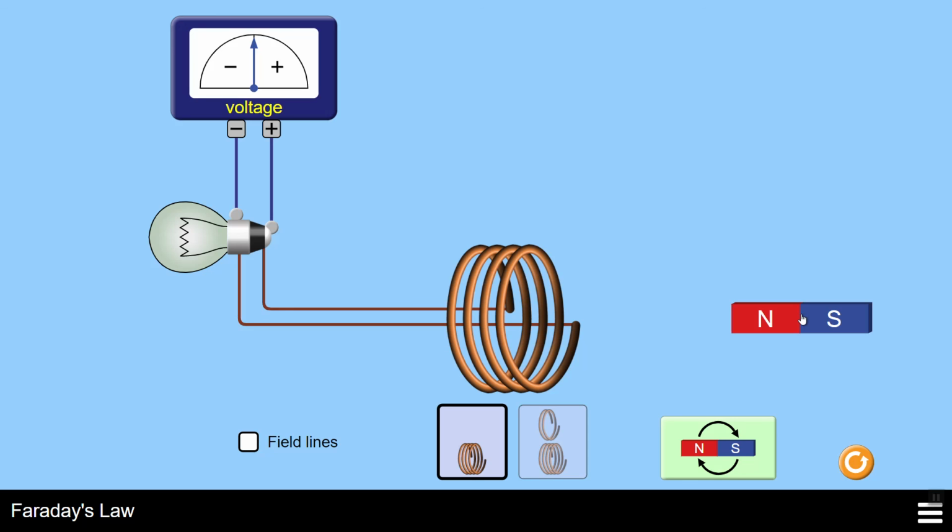The voltage meter is our gauge of the simulation, because without any gauge or measurement, we would not be able to calculate or see what is going on. And this bulb is the second part of the experiment, giving us a visual clue of what we are getting from the simulation.